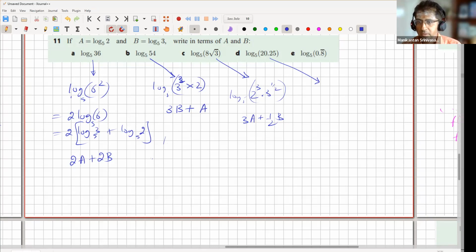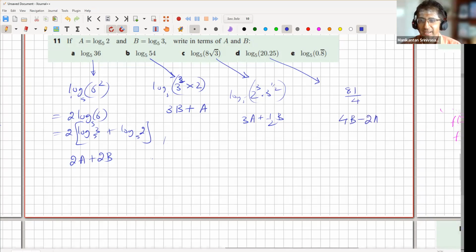So in terms of powers of 3 and 2... No, in terms of fractions, forget powers and all. 20.25 in fractions. 20.25 upon 1. Fraction, like it's like asking what is 1.5? You're saying 1.5 upon 1. 81 by 4. 81 by 4, right? Does that ring a bell, Avya? Yes, so then it'll just be 4b minus 2a. Okay, nice.